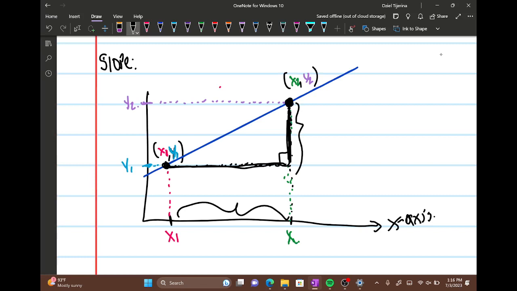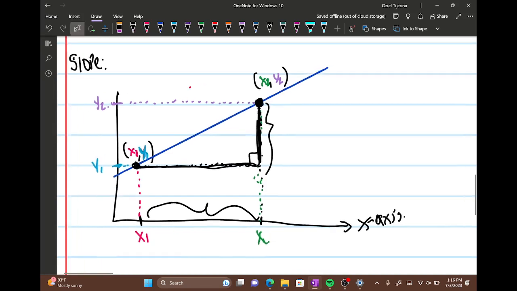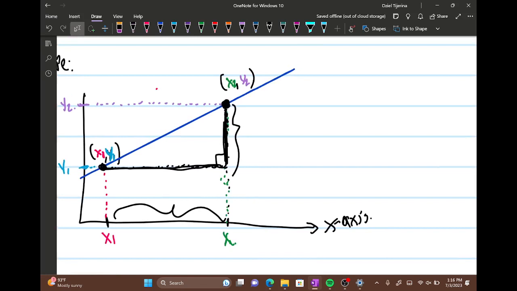Here is the change in y. Now, from y2 to y1, the way that we find the distance, or the length of that, we would say y2 minus y1. So y2 minus y1, right? That is the definition of that. That is how we would say it. And usually they always do it as an absolute value, at least, I'm not sure, to be honest.